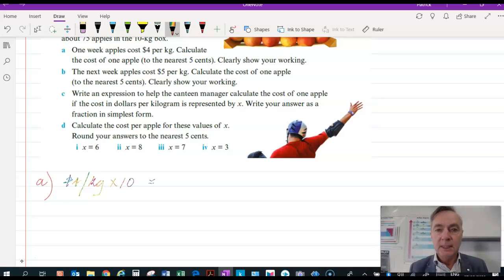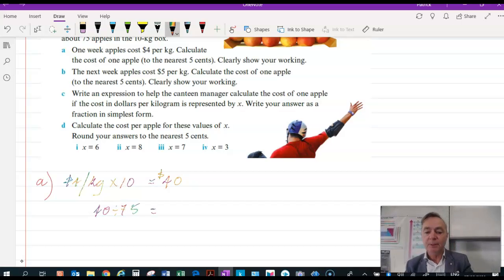Therefore, it's $40 for the box. Now we get 75 apples in each box, so what we've got to do is divide 40 by 75 to work out to the nearest 5 cents how much each apple is.